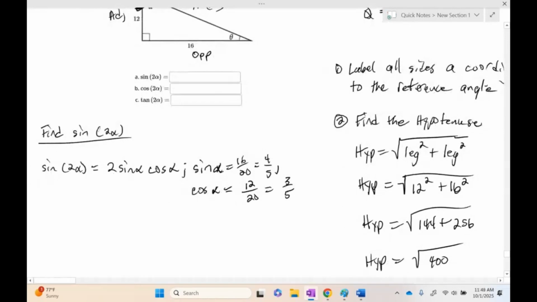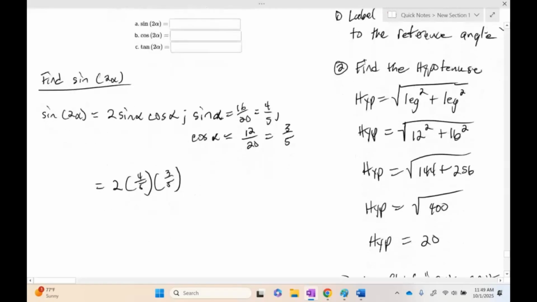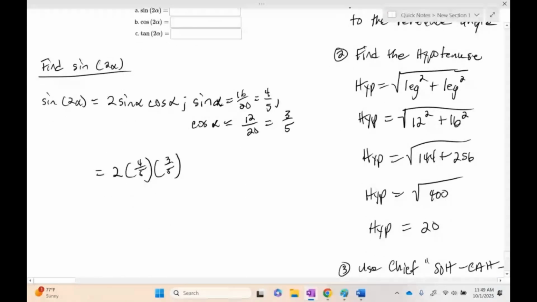Now I'm just going to substitute those values into the formula and simplify. This is 2 times the sine of alpha, which is 4/5, times the cosine of alpha, which is 3/5. We can write 2 as a fraction.